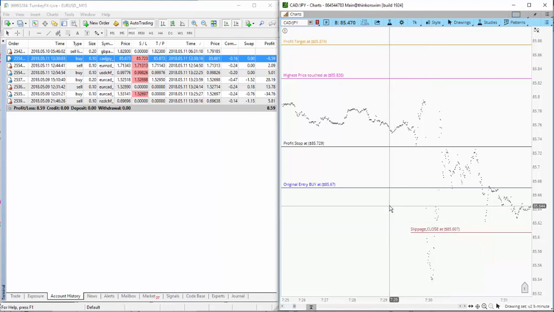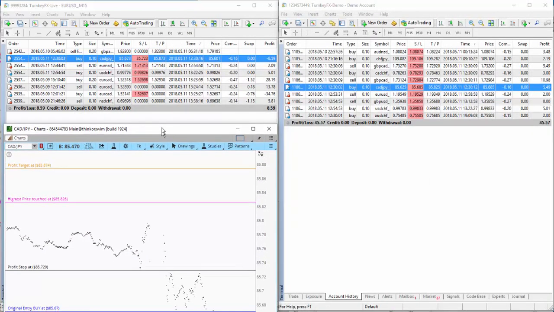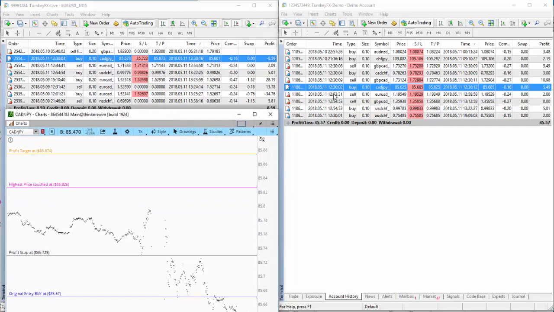Okay? So anyway, that's what slippage is, and that's what it looks like. But when we go over to the trade that went in the demo account, what we see is that the stop loss, the profit stop number, was 85.68.5, and the price where this trade closed in the demo account was exactly the same, 85.68.5, because a demo account does not give you slippage.